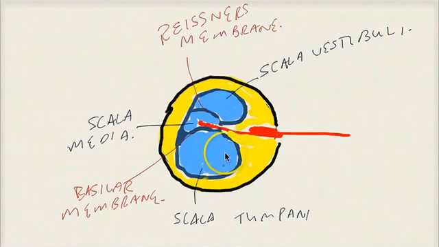Now, the scala media is also the structure in which the organ of Corti is located. Now, that's the site that transmits sound into the nervous system. And the organ of Corti is right here.